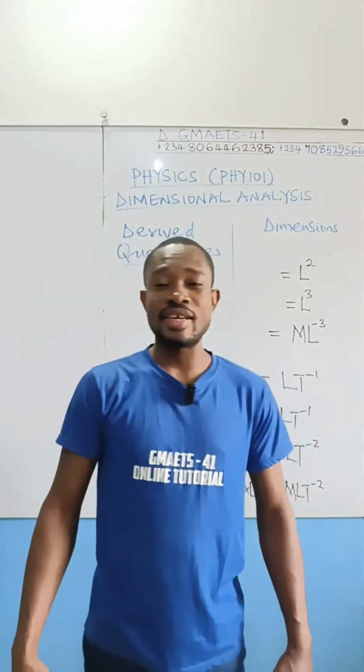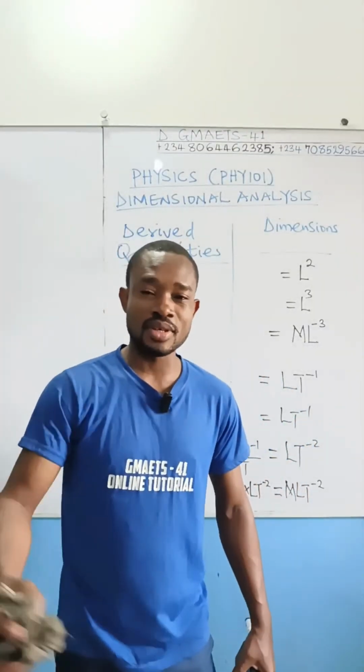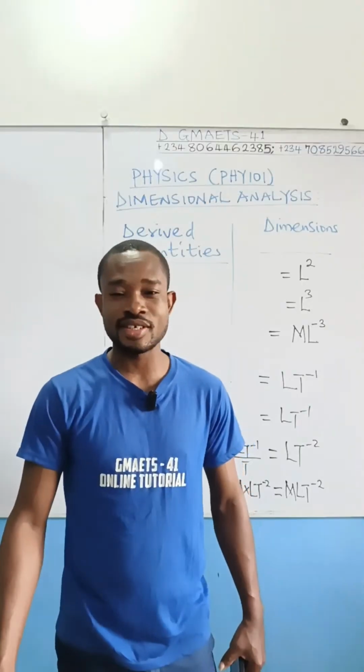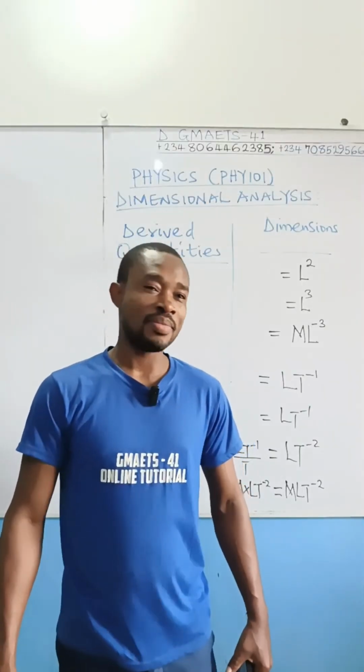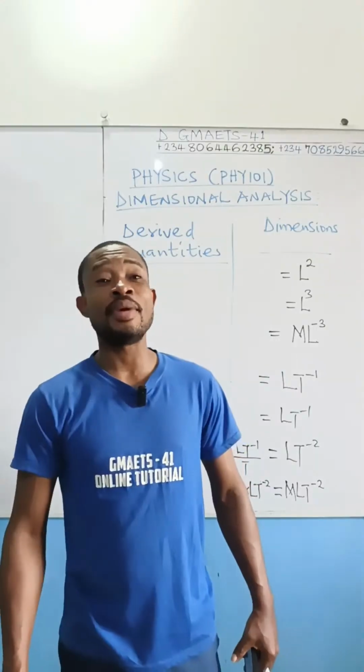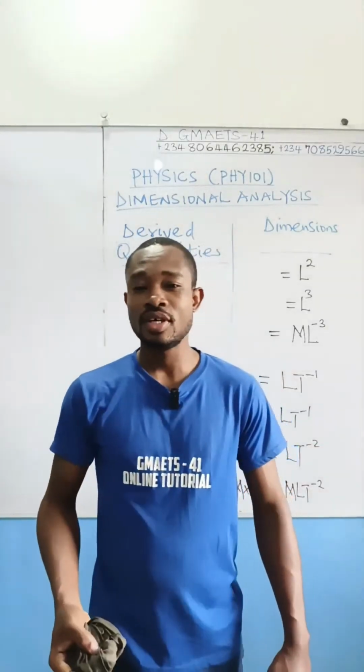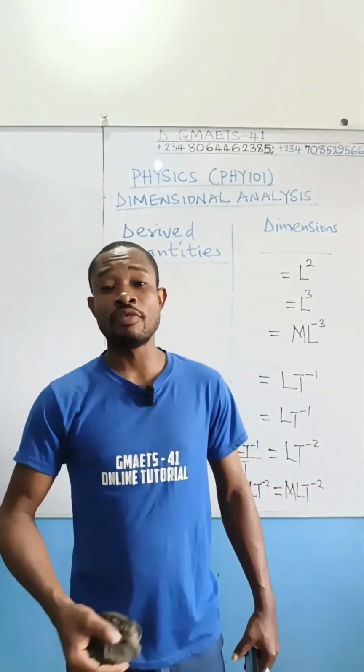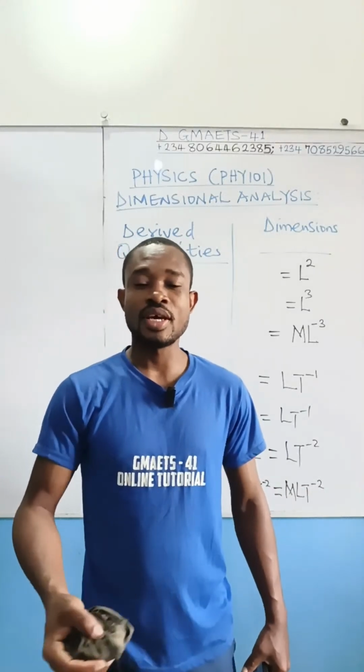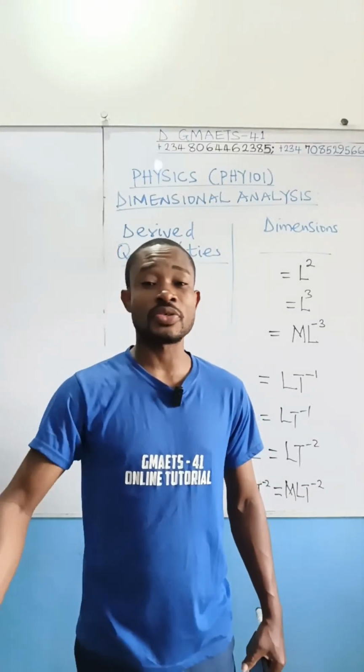Let us assume in a computer-based exam, CBT, where you have options. Of course, you don't need a derivation, because the examiner can simply ask you for the dimension of the quantity. Maybe if I ask you, what's the dimension of density? You simply say it is ML to the power minus 3.